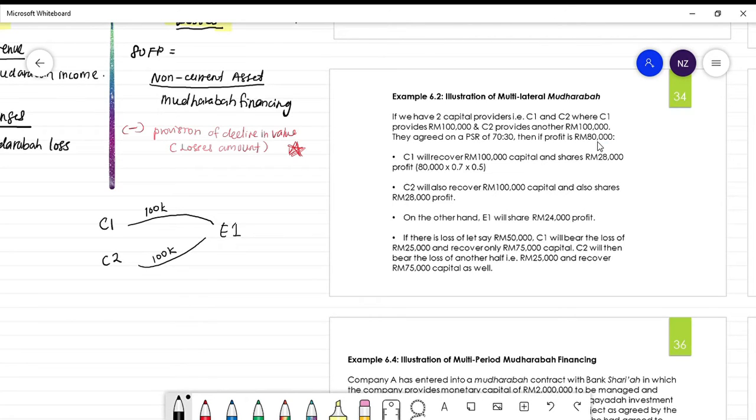So from the soalan tadi, kita draw lah C1 provide 100k to E1, C2 provide 100k to E1 with the pre-agreed ratio of 70 and 30. This is the pre-agreed ratio. And pre-agreed ratio 70%, 30%. Okay. So dia kata dia dapat profit 80,000 juga.